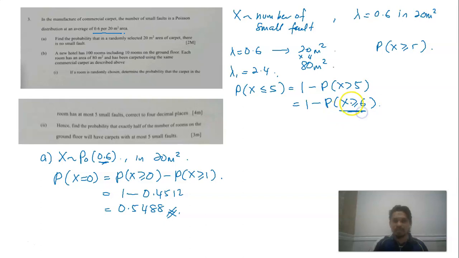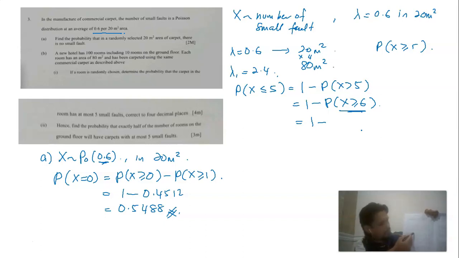So we find the probability of X greater than or equal to 6 from the book, from the Poisson distribution. For Poisson 2.4, turn to page 12 again, and find 2.4 here.